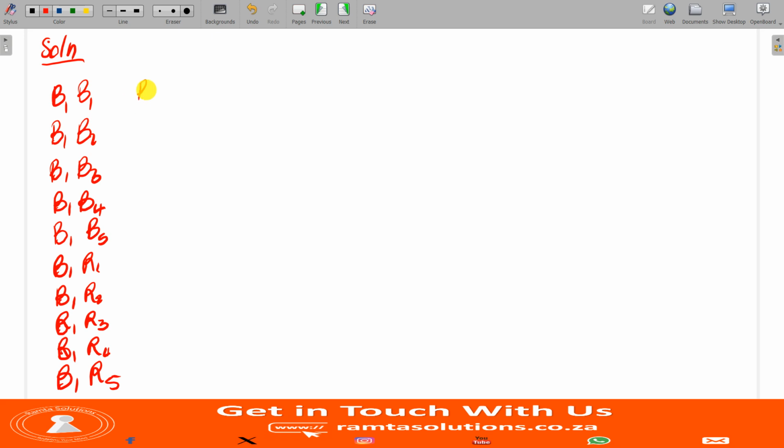Now we're going to try blue 2, blue 1, blue 2, blue 2, blue 2, blue 3, and so on. As you can see, it's 1, 2, 3, 4, 5, 6, 7, 8, 9, 10. And then we're going to have B3, B1, then B4, B5, and B5, B1.